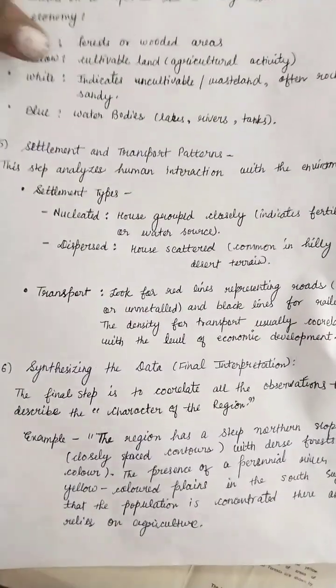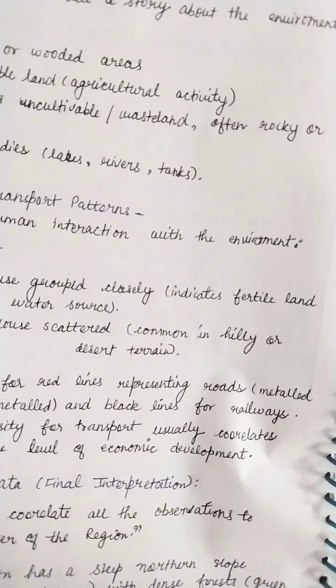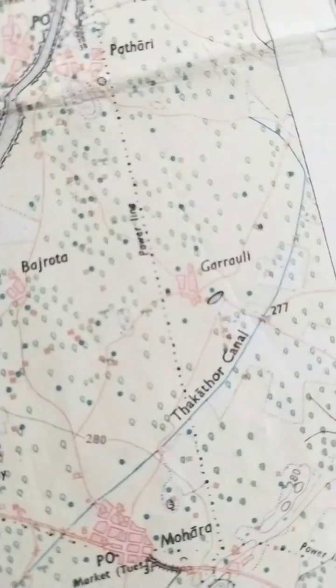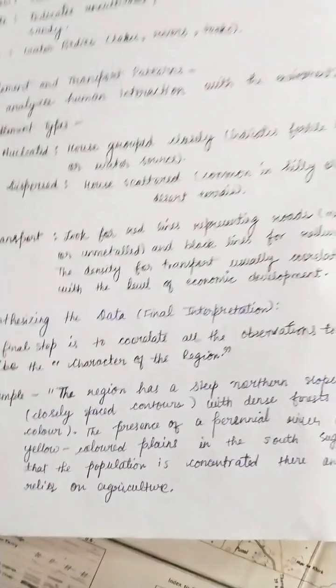Then it comes to settlement and transport patterns. What it involves is the railway lines, the national highways, the roadways, and the waterways. For example, it's mentioned here Takhator Canal.